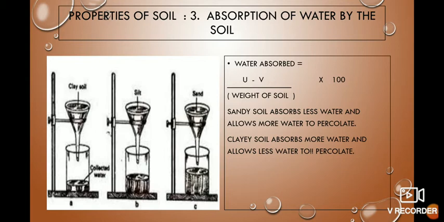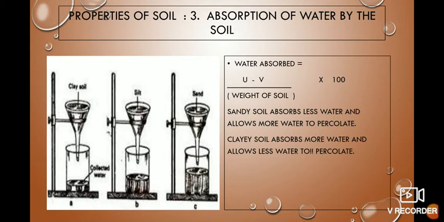You can compare different soils and see. A common observation that people have seen is that sandy soil absorbs less water. It does not absorb water, but it lets it fall down. It lets it percolate. See the beaker below the sandy soil. It has got more water.